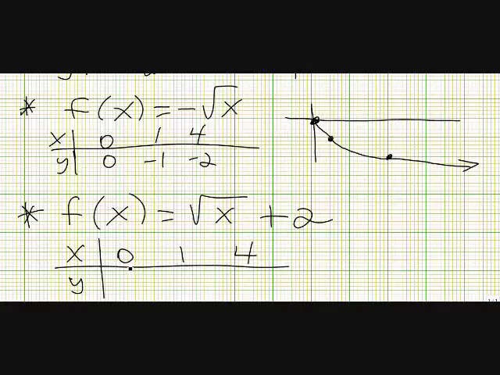Square root of 0 plus 2 is just 2. Square root of 1 plus 2 is 3. Square root of 4 plus 2 is 4. So 0, 2, 1, 3, 4, 4 has taken that top half of that parabola and moved it up. Moved every point up by 2.